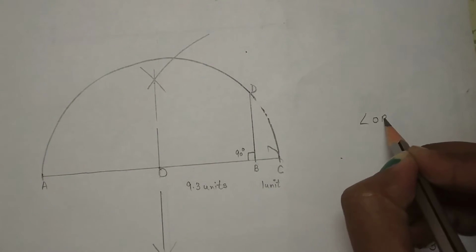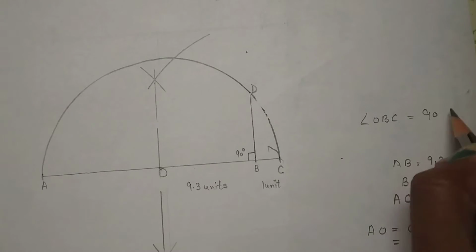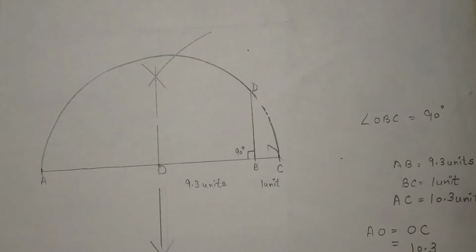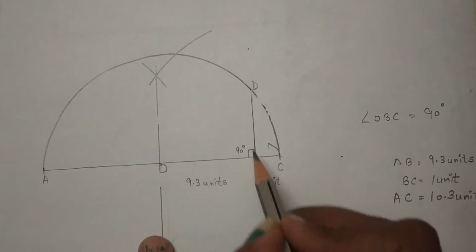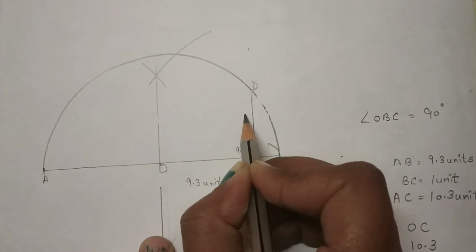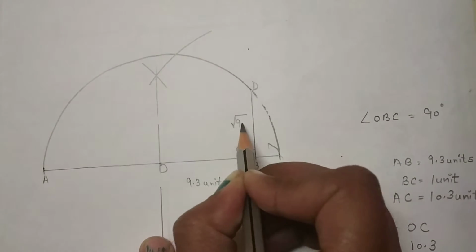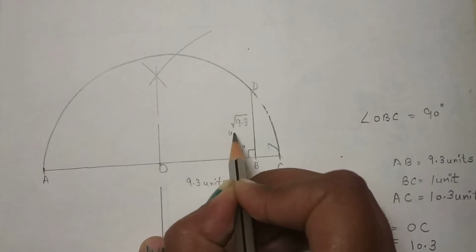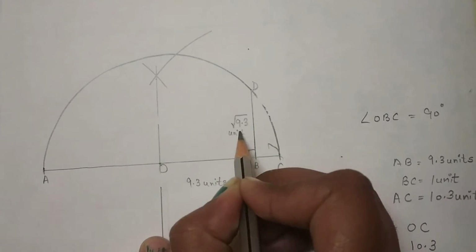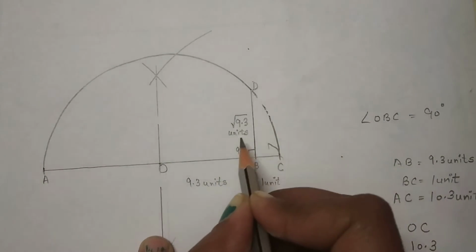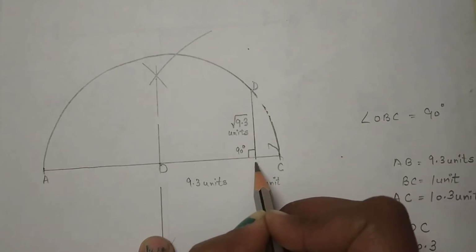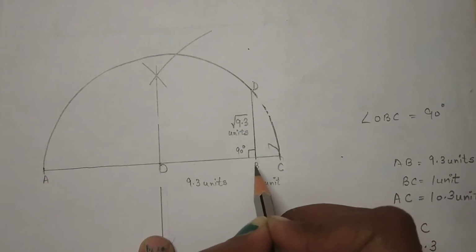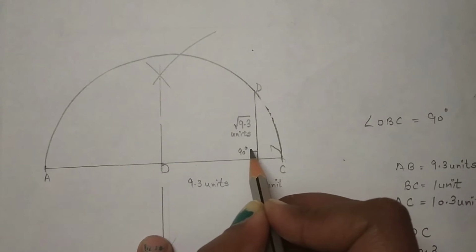Angle OBC is equal to 90 degrees, right? Now this line BD, we will get as root 9.3 units. I will prove it later on how this line BD is root 9.3 units, but this is root 9.3 units.